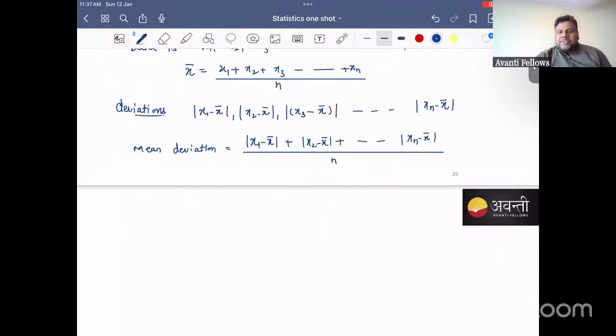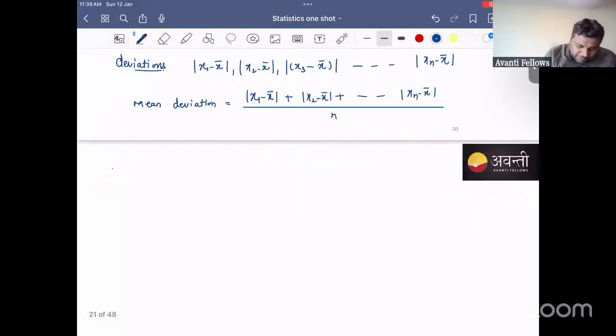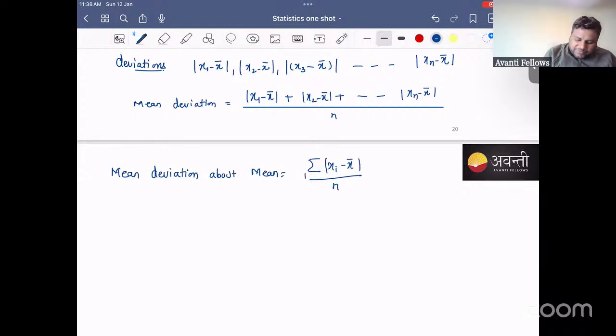Understood? Now, there are two types of deviation generally we talk about. One is mean deviation about mean, which is sigma mod of xi minus x bar upon n, where i varies from 1 to n.